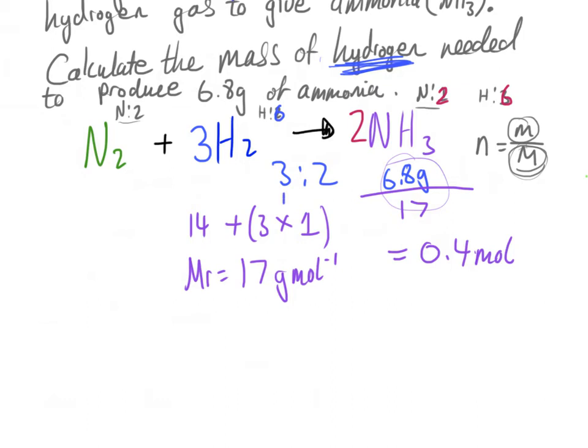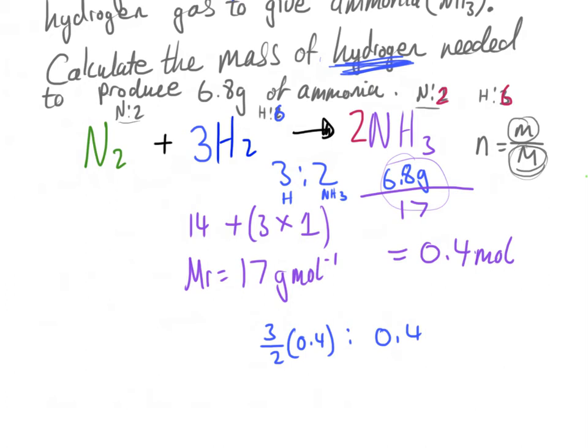So it's a 3:2 ratio. So we have 0.4 moles of NH3, and to convert this to the other side, we need to multiply that by 3/2.